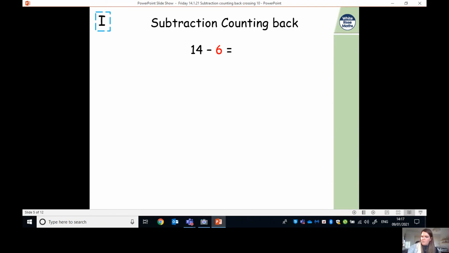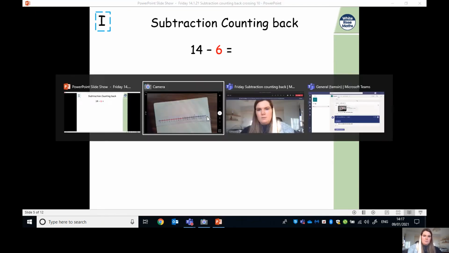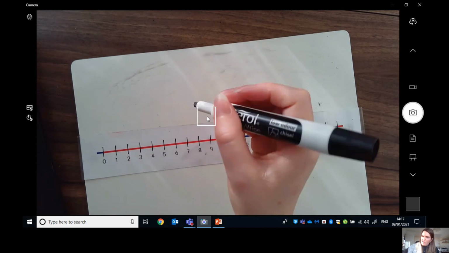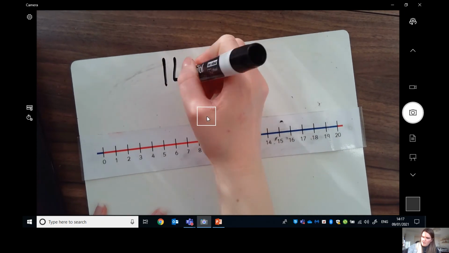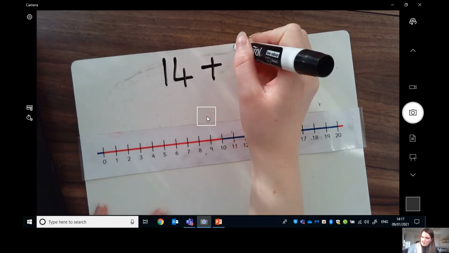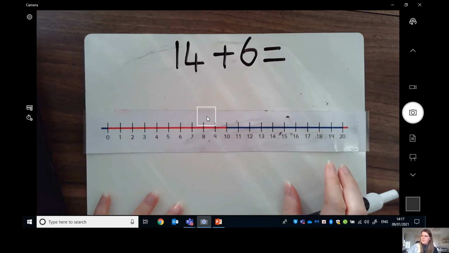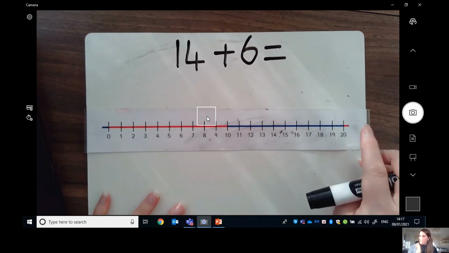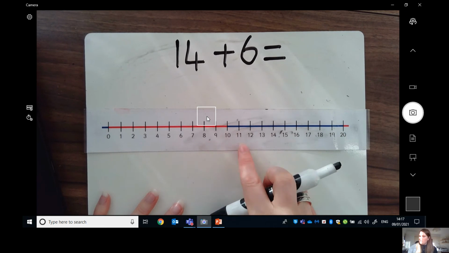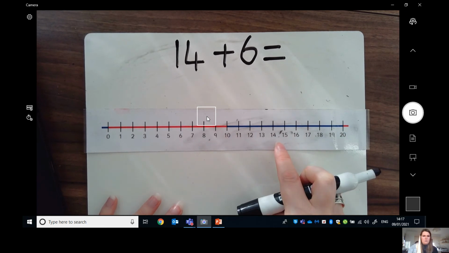Okay, my sum is what? My sum is 14 minus 6. Okay, so I'm going to write that down. 14 minus 6. Brilliant. I've written my sum down and I'm ready to start. Okay, first thing I'm going to do is find... I haven't written my sum correctly.